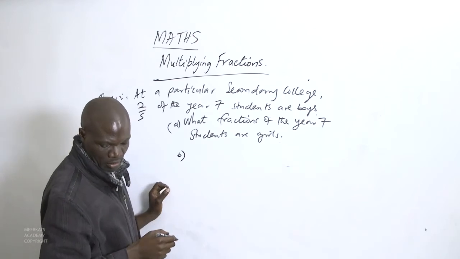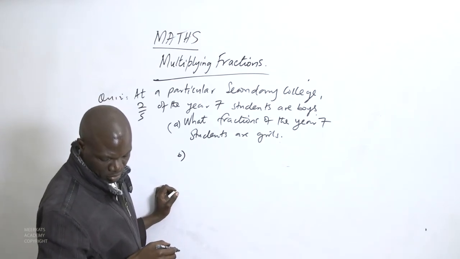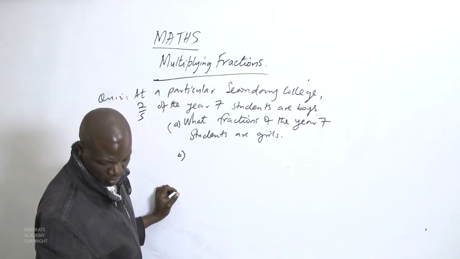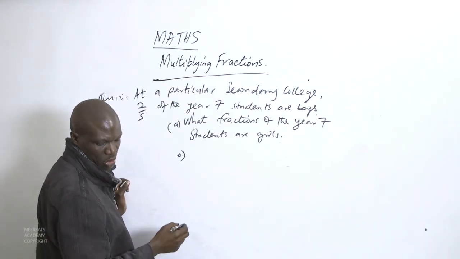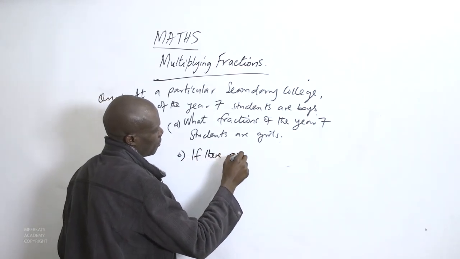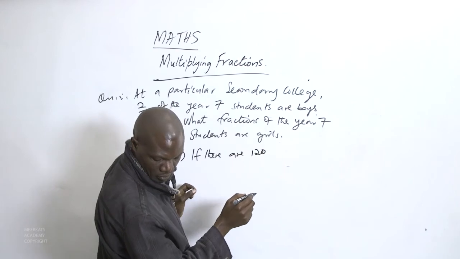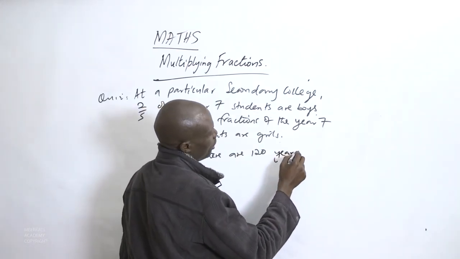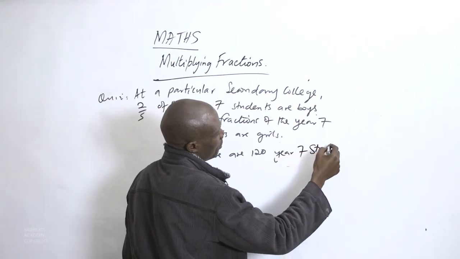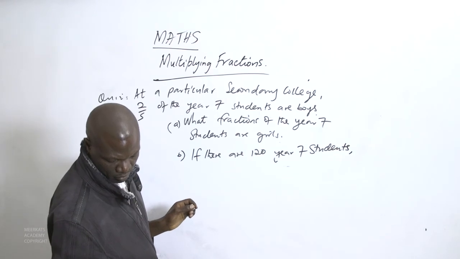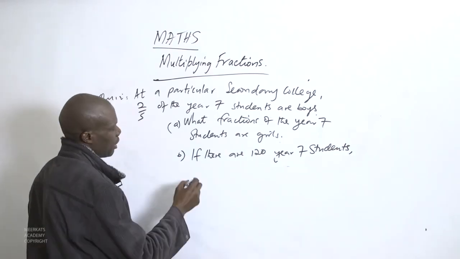And B, if there are 120 year 7 students, how many boys and girls are there?